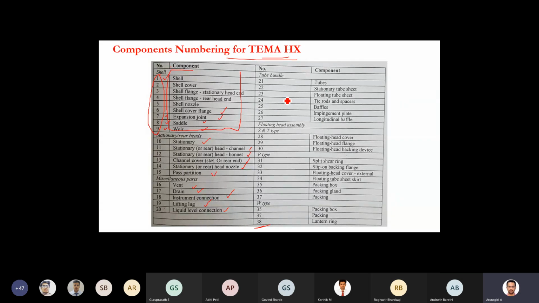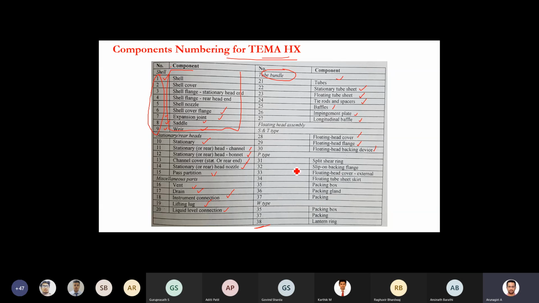In the tube bundle, components are tubes, stationary tube sheet, floating tube sheet, tie rods and spacers, baffles, impingement plate, and longitudinal baffle. Floating head assembly has floating head cover, floating head flange, and floating head backing device.